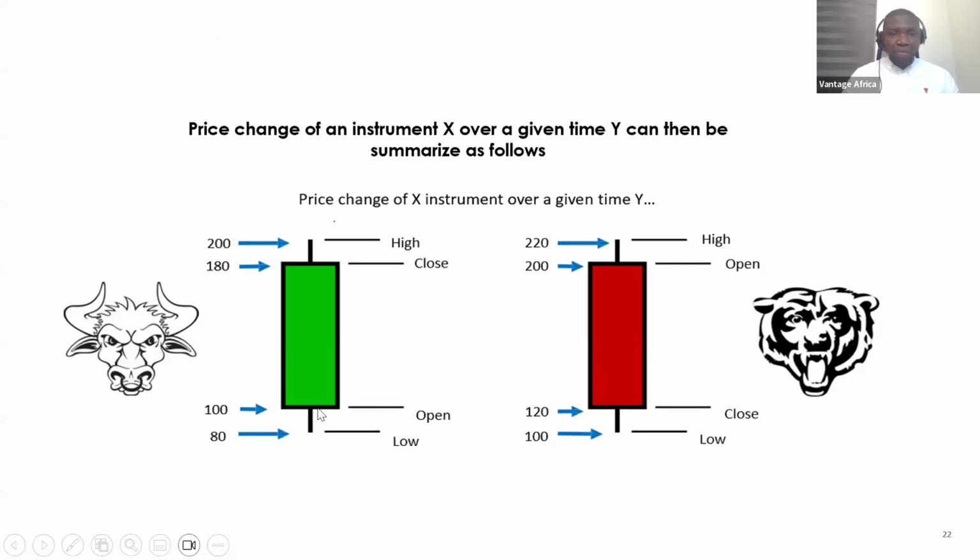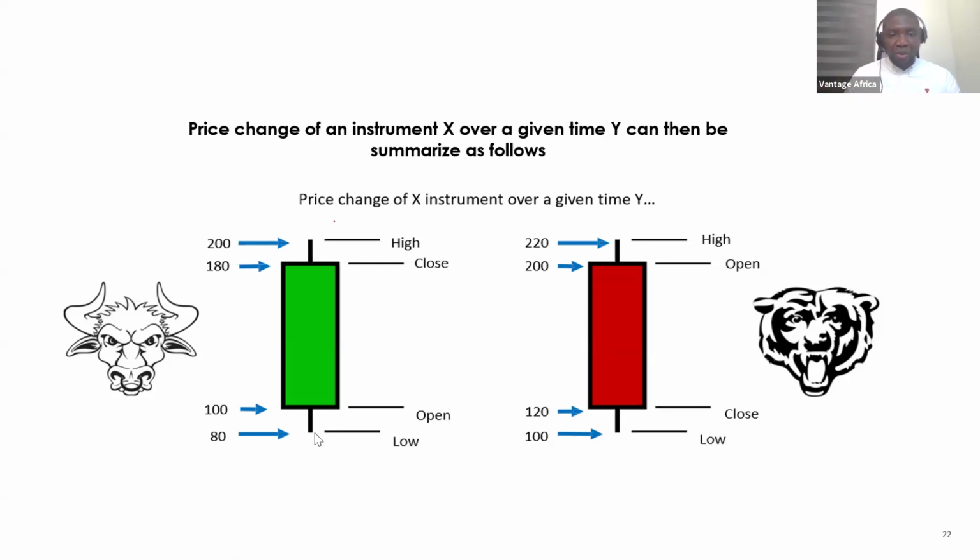So you see that price opened at 100, dropped to 80. Then from 80, it picked up. 80 became the low. Now, if you're looking at this on a live chart, you will not know that 80 is the low until the market has shown you that 80 is the low. So price dropped to 80 and then started reversing from there.